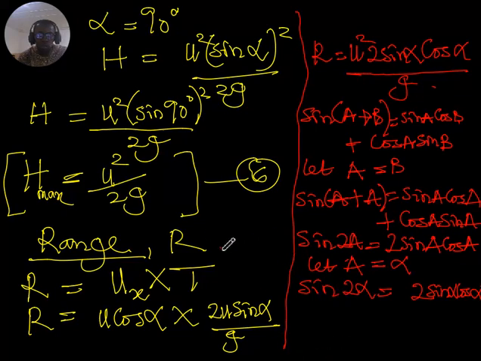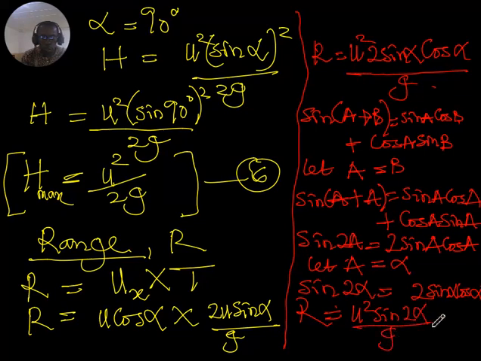So therefore range will now be equal to u squared sine 2 alpha over g. Call this equation 7.